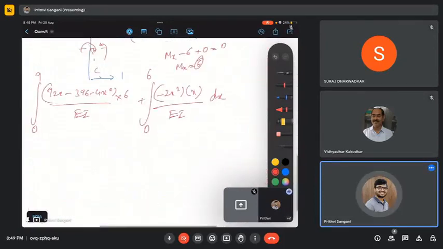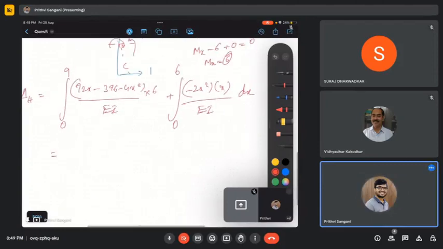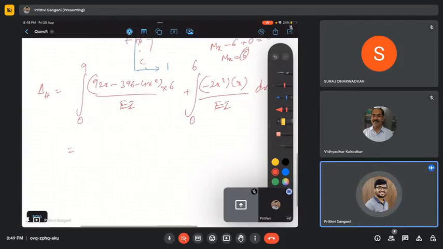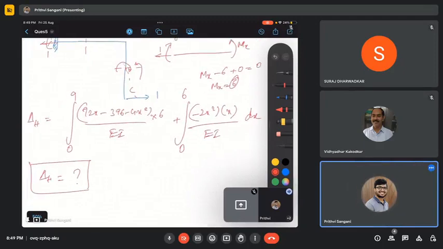This will give us the horizontal displacement. This I didn't find out. You can just find out how much is the horizontal displacement in this case.